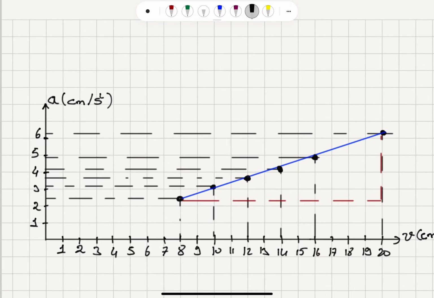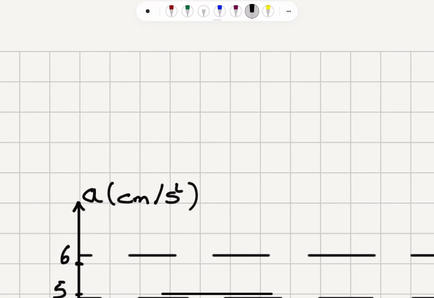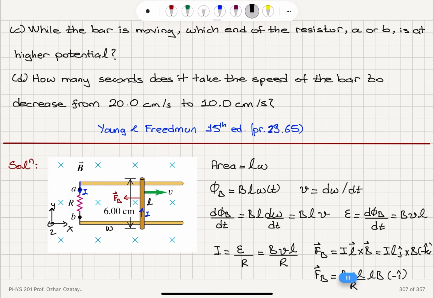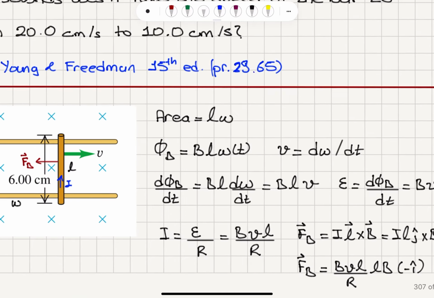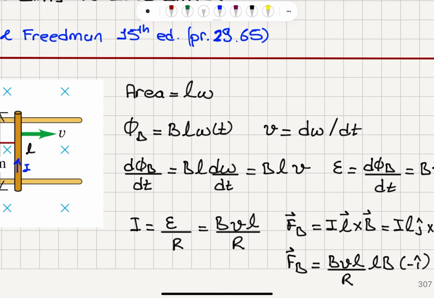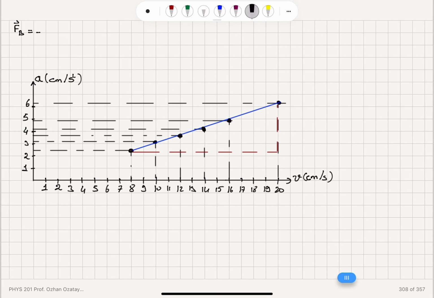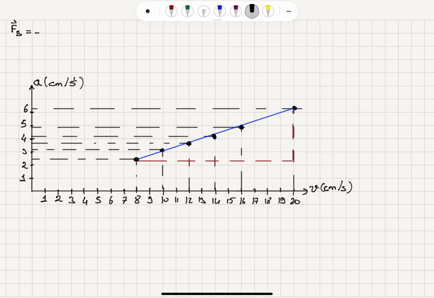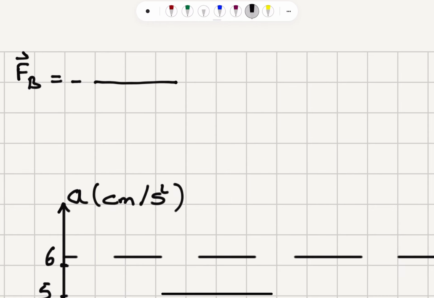Okay, so looking at this force Fb, we see that this is minus, so I have two B's here, B square L square V over R. So I will obtain minus B square L square V divided by R in the i hat direction.